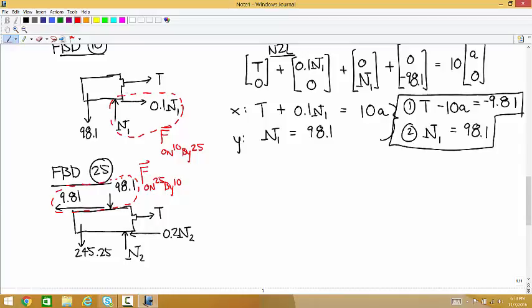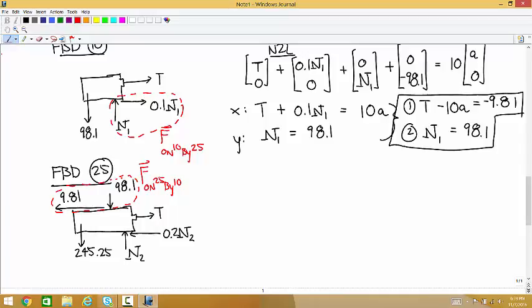So I'm going to take both of these two things, keep the magnitudes the same, and just switch the directions. So N1, when I go to the 25 kilogram, is now facing down instead of up, and 0.1 N1 is now facing to the left instead of the right. So that's Newton's third law.